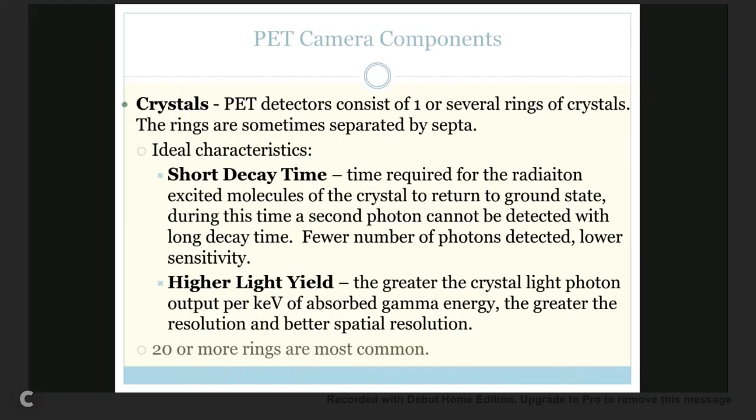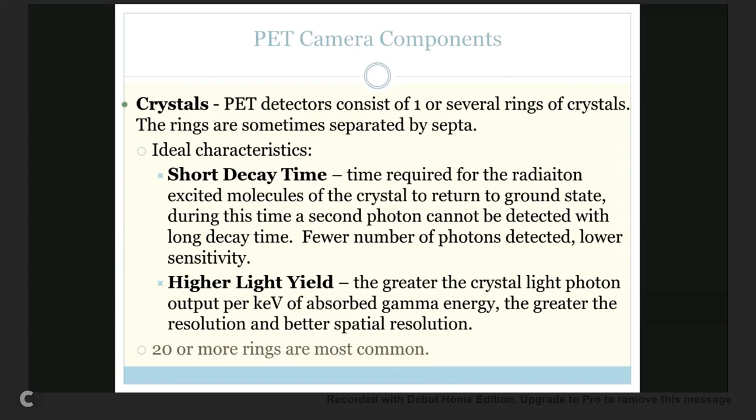Alright, so we're going to talk about that. I'm just going to go into the tech. So you have your crystals. The PET detector consists of one or several rings of crystals, and the rings are sometimes separated by septa. Sometimes. Okay? Ideal characteristics are that you want a short decay time and a higher light yield. Right?